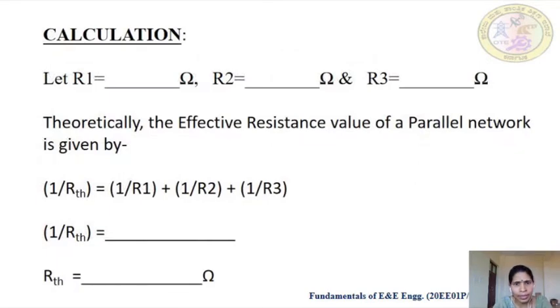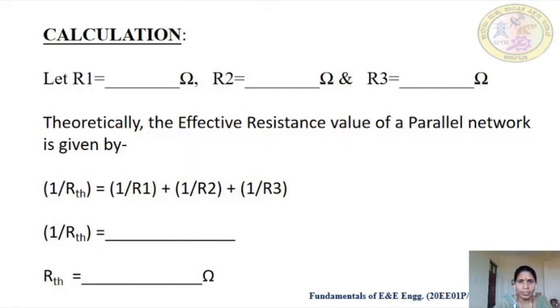Let's have the theoretical calculations. As we know the values of resistances R1, R2 and R3, find out the effective resistance. It is given by 1 by R theoretical, RTH, is equal to 1 by R1 plus 1 by R2 plus 1 by R3.